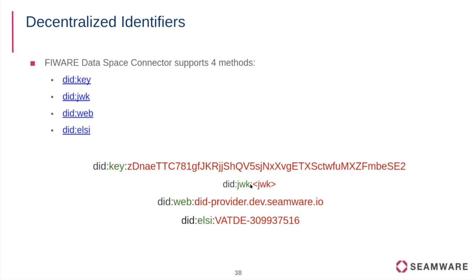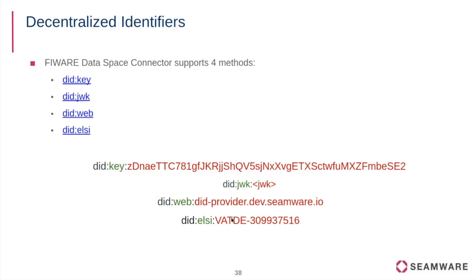And in DID JWK, we have a still cryptic, but much longer part, which essentially is just a JSON web key. DID web contains essentially an address or a host that is associated with the DID.